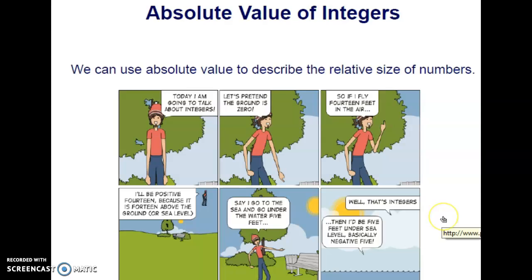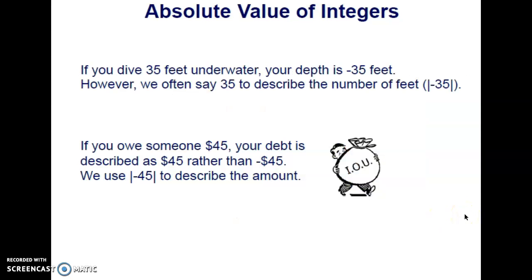But let's talk about what this means in distance. If you dive 35 feet underwater, your depth is negative 35 feet. However, we often say 35 to describe the number of feet. So we still need to know how many feet. It's 35, but it's telling us you're going deep, that's why we add the negative.